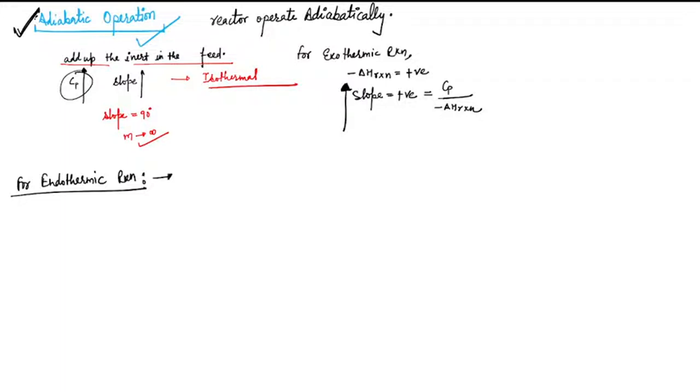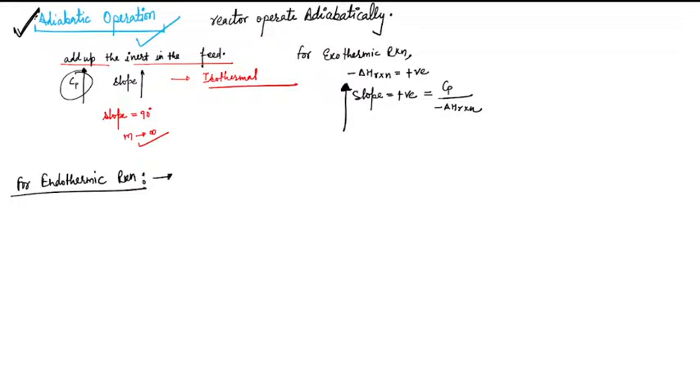If I am getting an endothermic reaction, sir, the reactor operates adiabatically. So the temperature inside the reactor will continuously decrease. Will it decrease or not? Because for the reaction, heat is required.